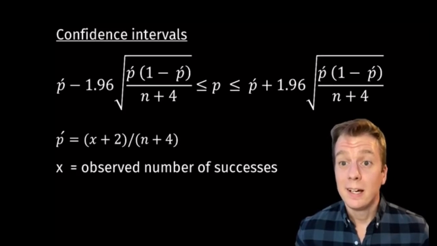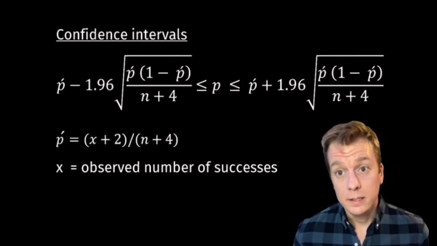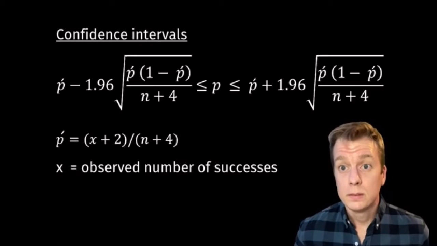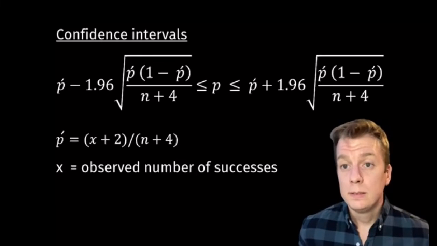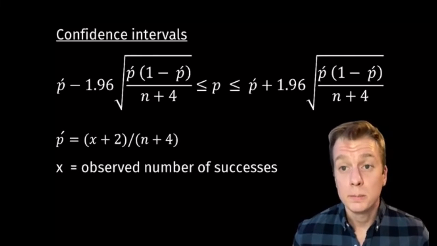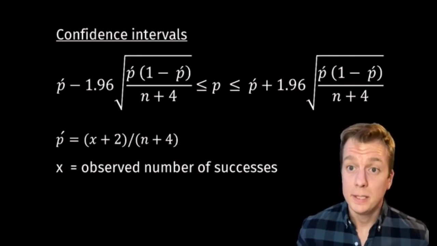It's calculated a lot differently than the confidence intervals that we've talked about before, because binomial data is not normally distributed. It does not make a bell-shaped curve.